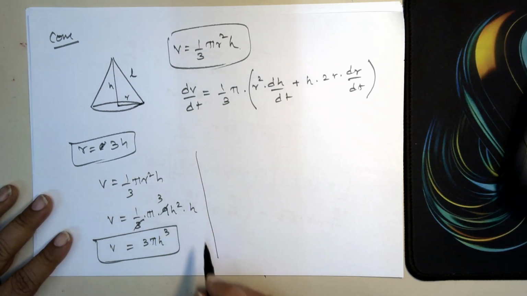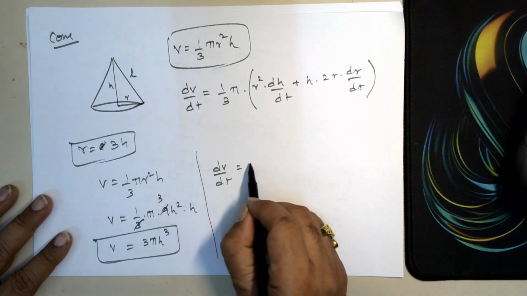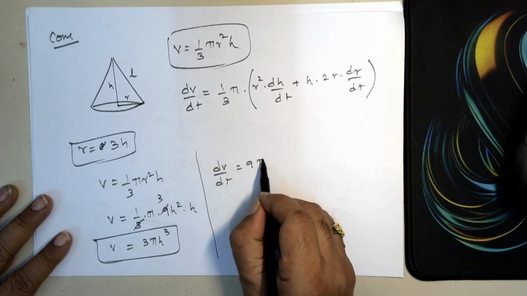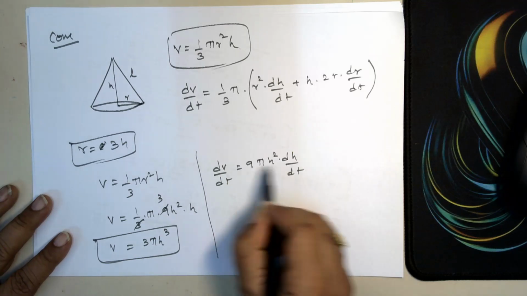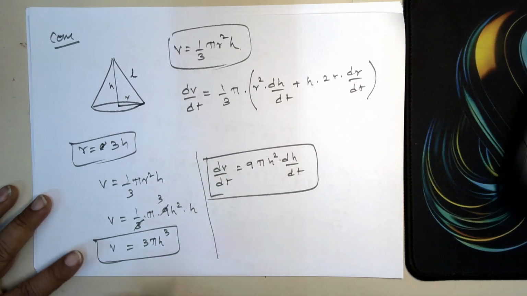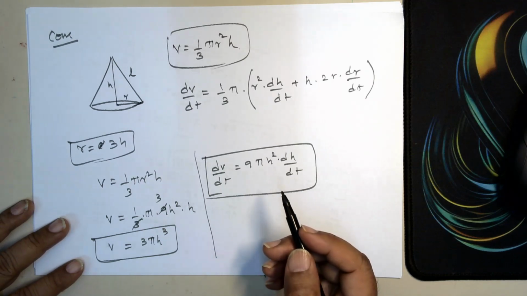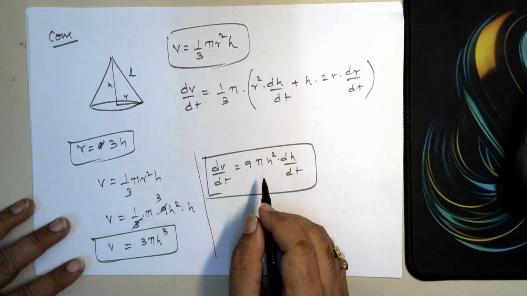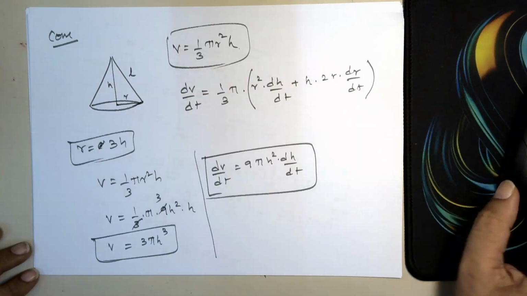So in that case, what could be the differentiation? dV by dt is equal to 3 threes are 9 pi into h squared into dh by dt. Suppose if they have asked in terms of dr, then h can be replaced. That's all.